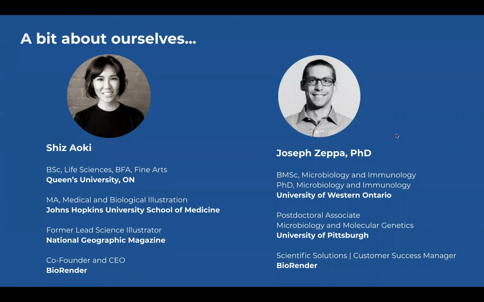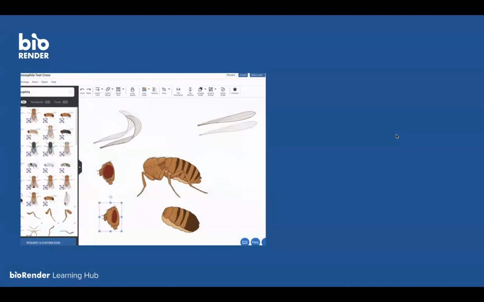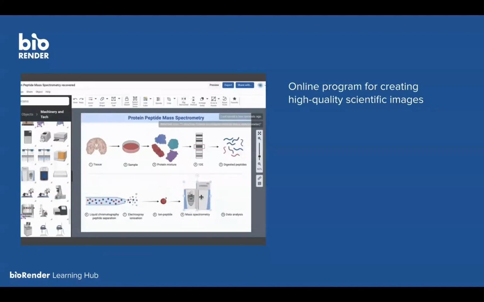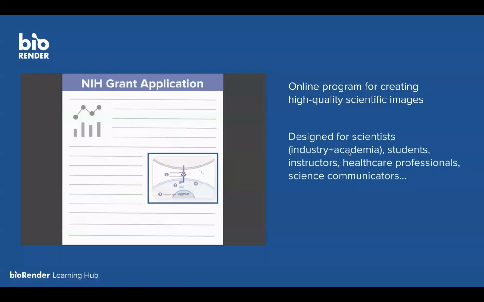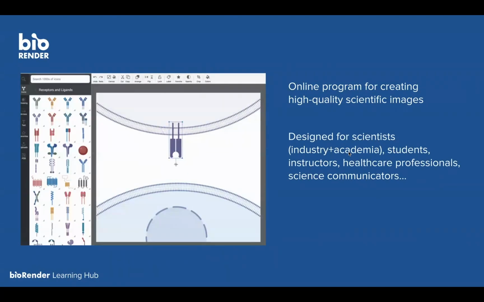And I see in the poll that actually quite a few of you had never used BioRender before. So definitely we're going to cover a little bit more about what BioRender is. It's an online application tool that essentially allows you to drag and drop icons or customize one of our pre-rendered templates to help you build your most beautiful scientific images yet. So it's an online program for creating high quality scientific images.